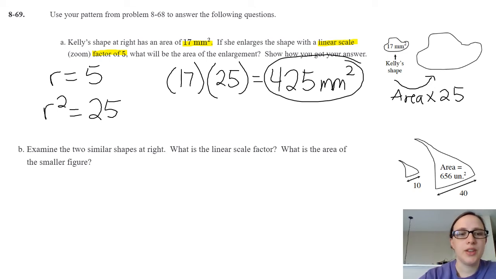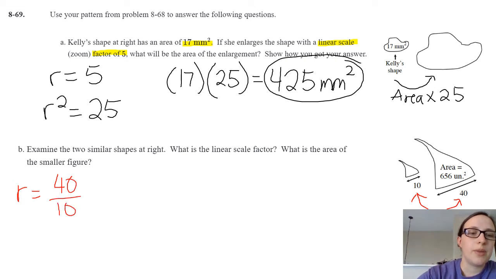In part B, we have the area given for one, and then we have both of the sides given. So since we have both sides given, we're going to use that. When we are given the sides, that gives us the linear scale factor because they are just lines. So the bases are 40 and 10. So to find the linear scale factor, we just divide those two numbers.